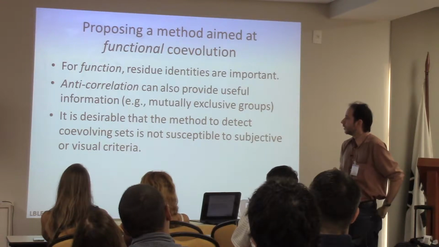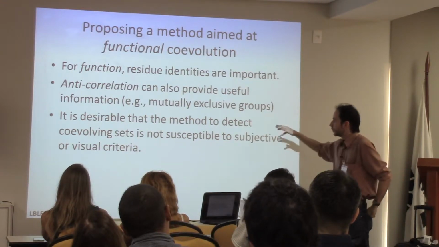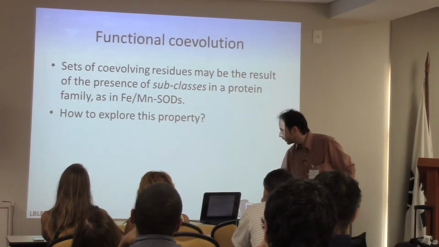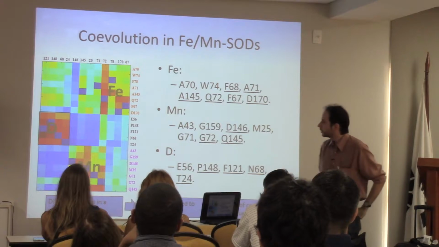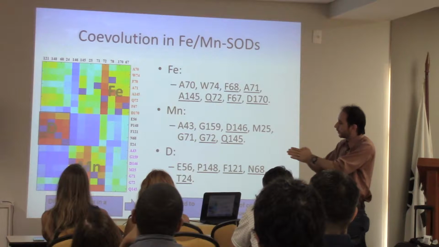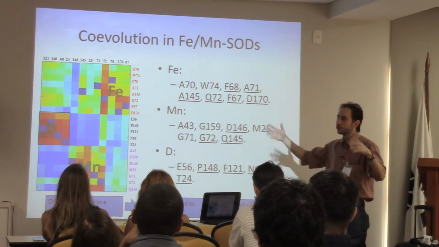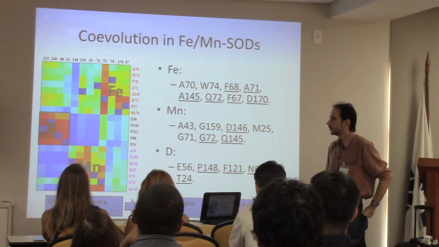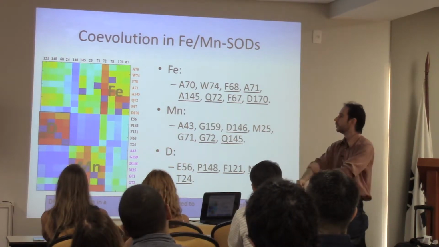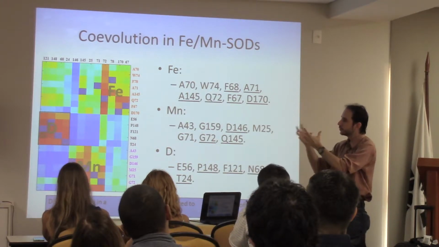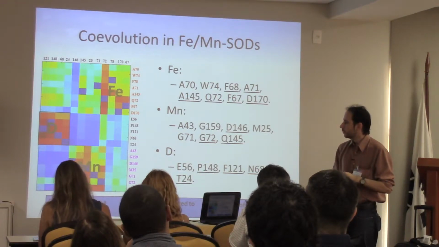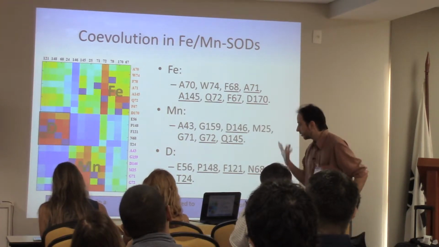Sometimes in the same protein family, the fact that you have this characteristic means you won't have this other one. And it is also desirable that the method to detect the sets is not susceptible to subjective or visual criteria. For example, in the method I discussed before, we basically calculate a matrix for all positions which are sufficiently populated, then we get rid of low signal positions, and then visually inspect to find the sets, which, as you can probably see, is a little bit subjective.